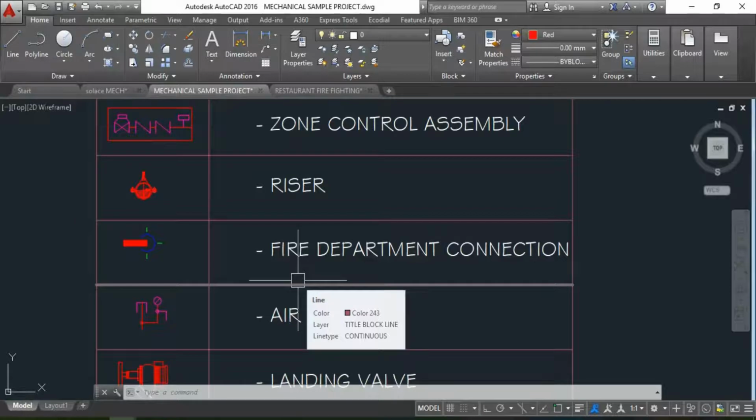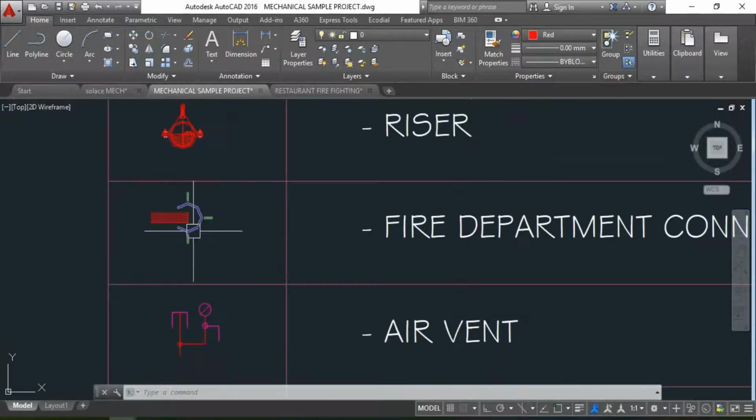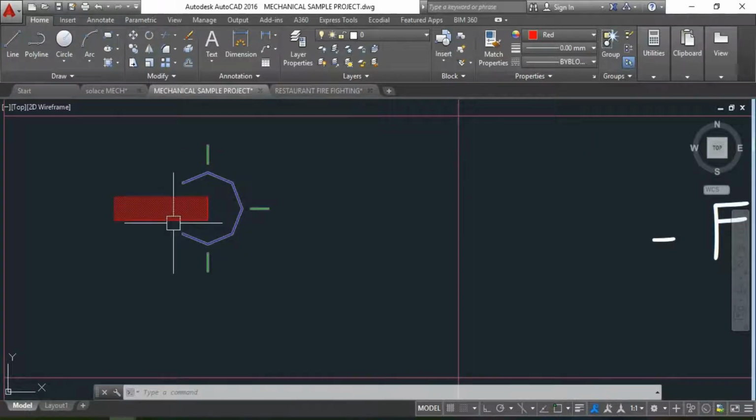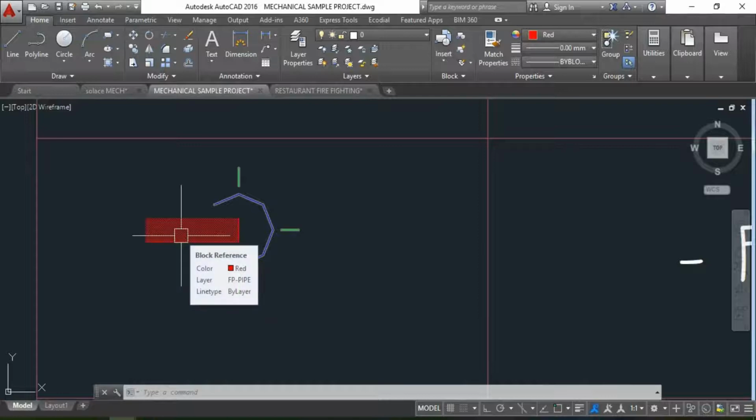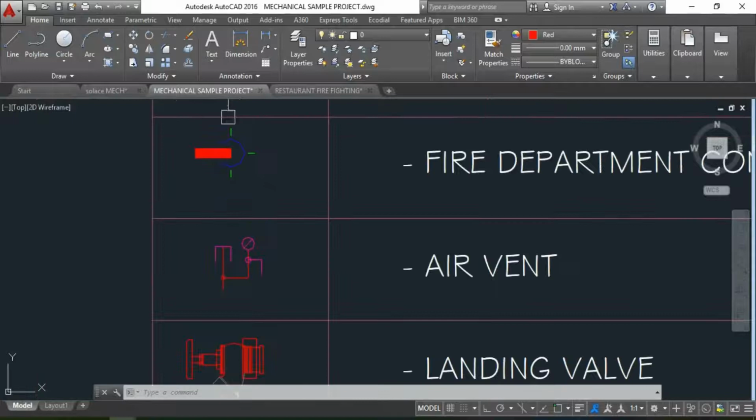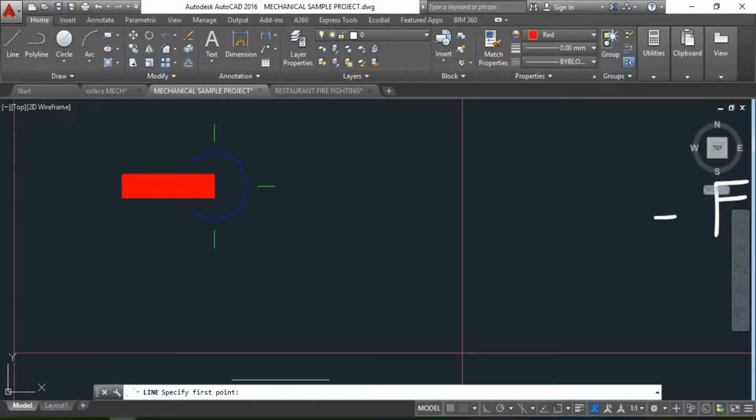So on the norm, here is the standard symbol for it. It's an ordinary valve with 2.5 inch pipe, although it does have two outlets. That's why you might see other symbols that look like this.